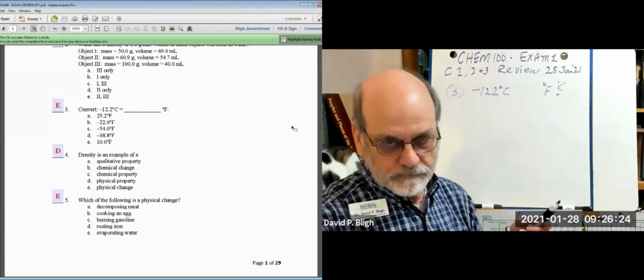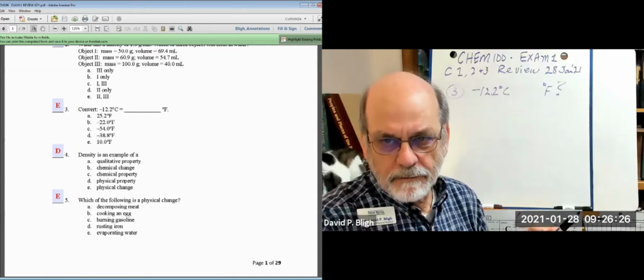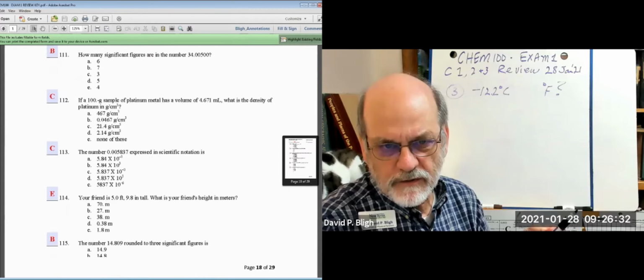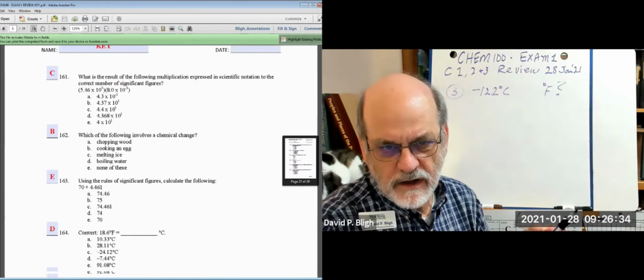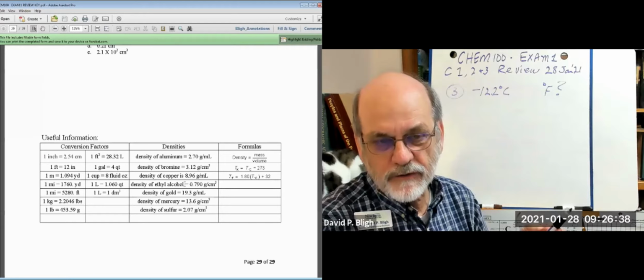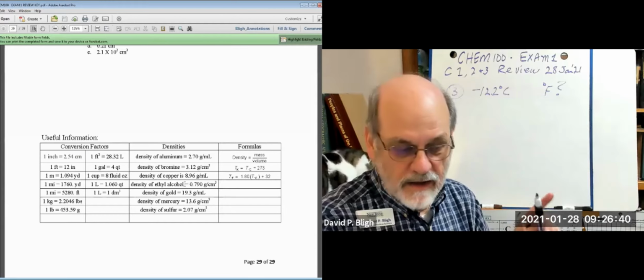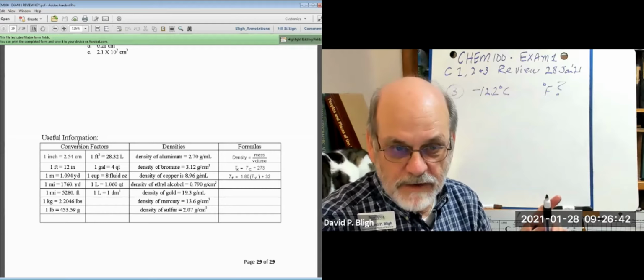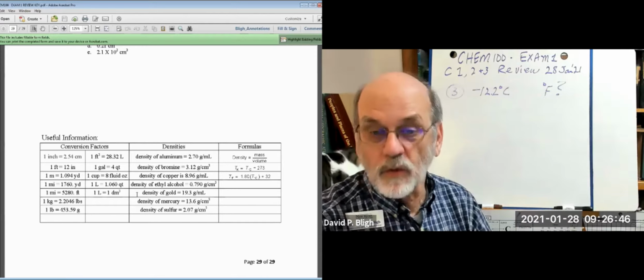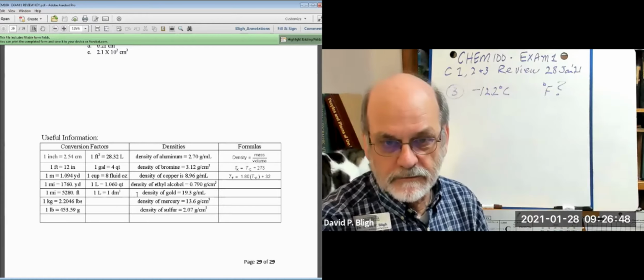At the end of every review document is useful information. So let's go down here and I'll show it to you. Here it is, useful information. If the useful information is at the end of the review document, it will be available for the exam.